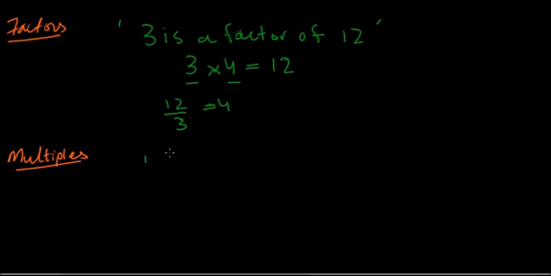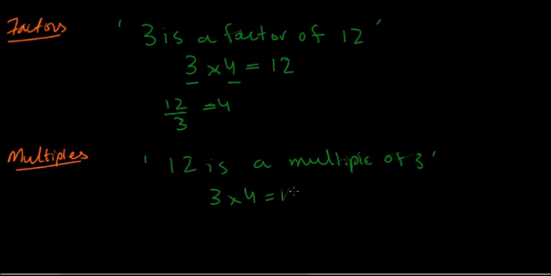So, for multiples, you might have seen a statement like this: 12 is a multiple of 3. Okay, so it's the inverse of the factor statement, right? Again, we know 3 times 4 is 12.